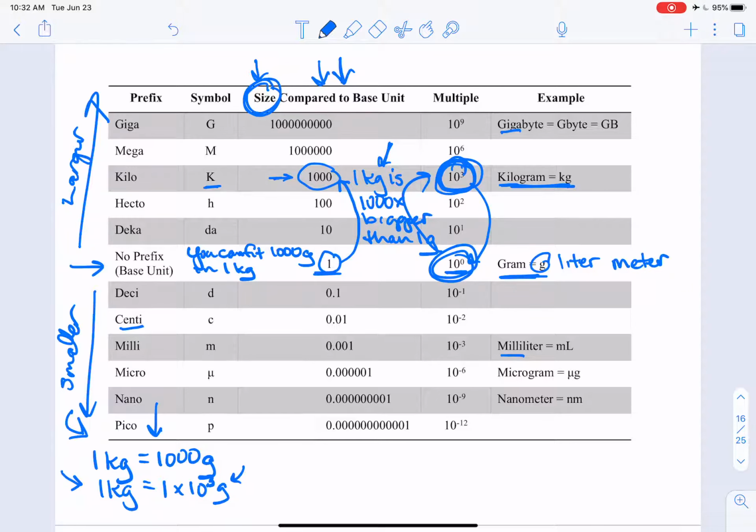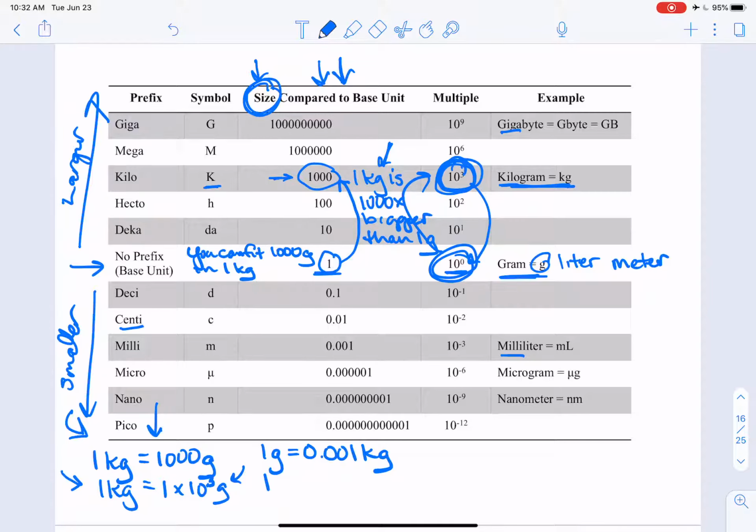Okay, so another way that we could write this is we could say that 1 gram is equal to this tiny little portion of a kilogram. So 1 gram is 0.001 kilogram, that tiny little bit of the kilogram, is equal to the gram.